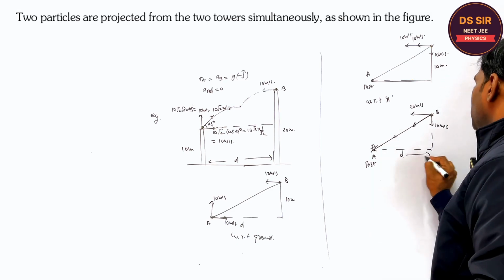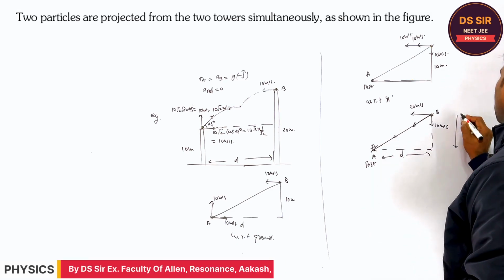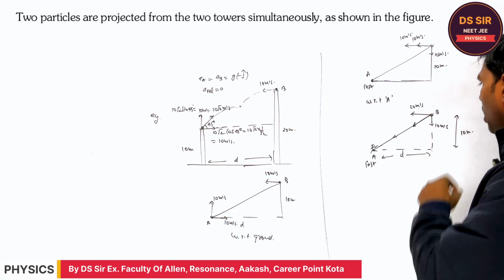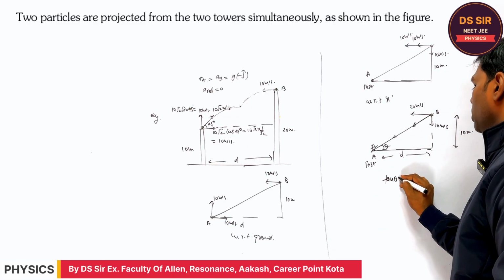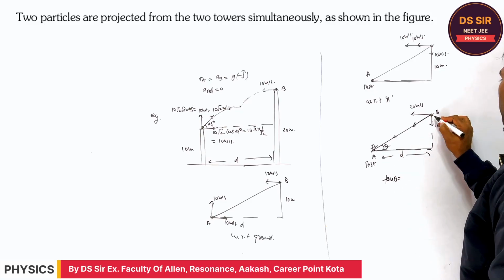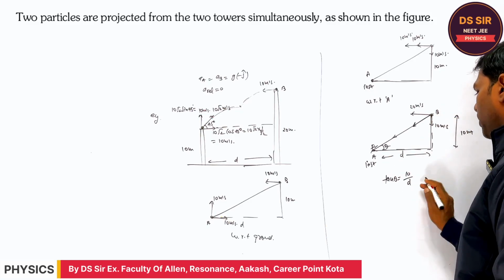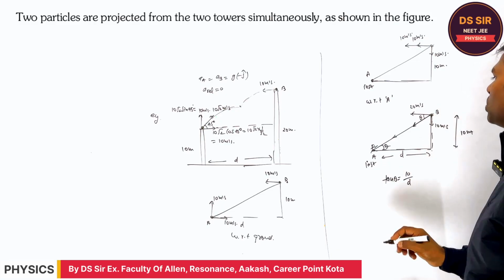So if this is the distance D and this distance is 10 meter, and you consider this theta, what is tan theta in this triangle? This is the perpendicular upon base. If this is theta, this is also theta.